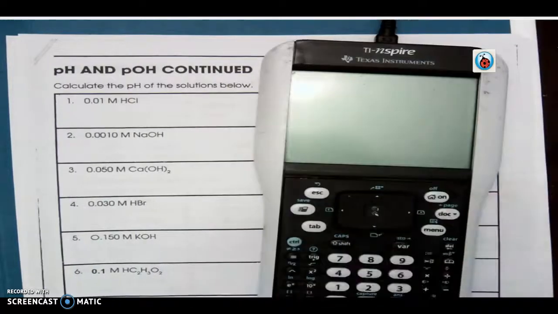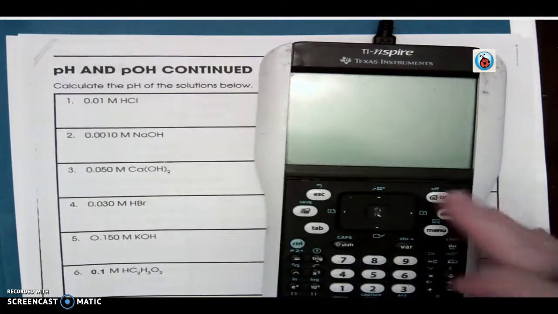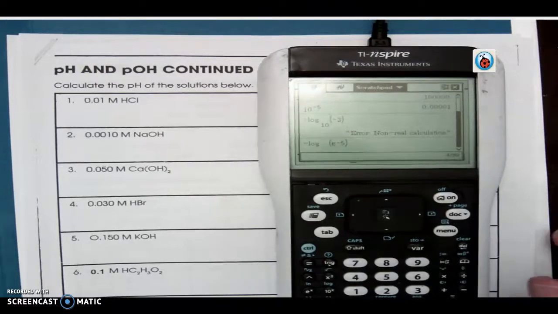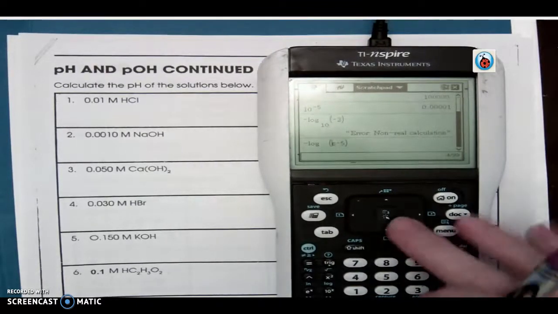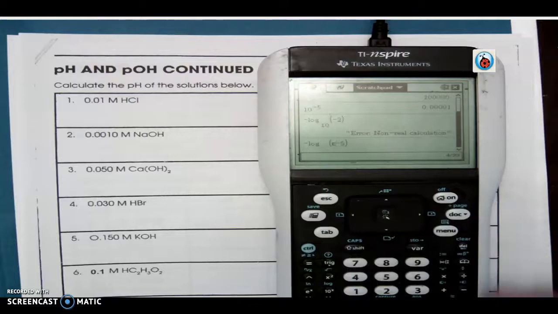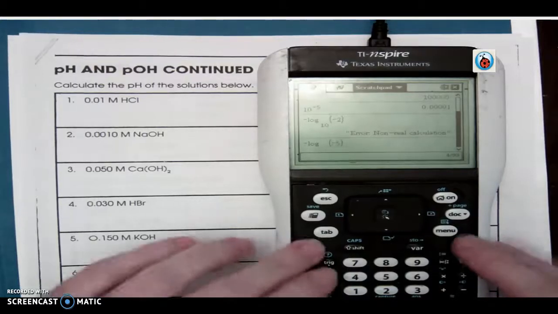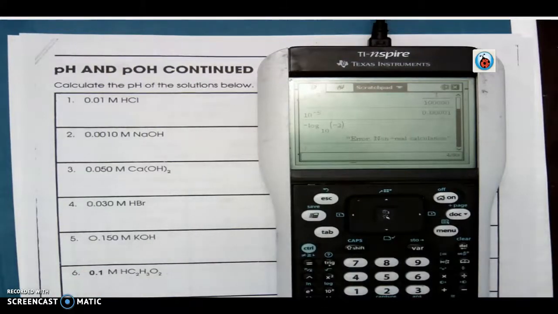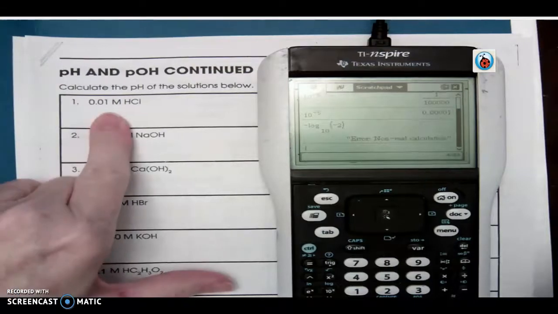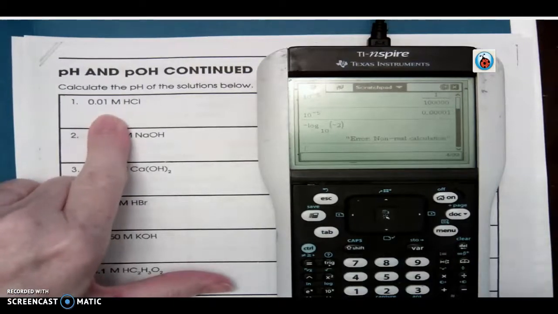So again, let's do these. Okay, enter. Let me clear this out. We're going to take the negative log of this concentration right here. So let's do that.